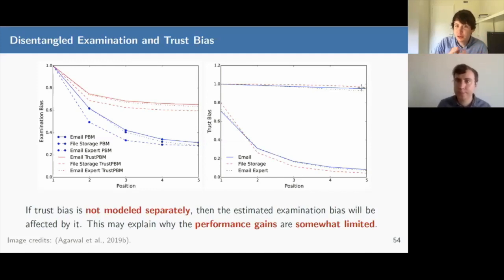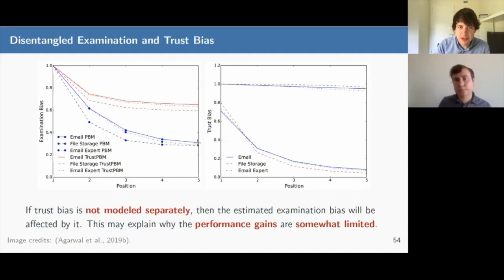So that's the trust bias explanation for why there are much fewer clicks. The position bias model can't do this, right? It doesn't have these trust bias parameters. It only has the position bias. So it's going to say, I think it's much less likely that these documents were observed. So it's because they weren't observed that they weren't clicked. So they are different explanations for the same behavior.